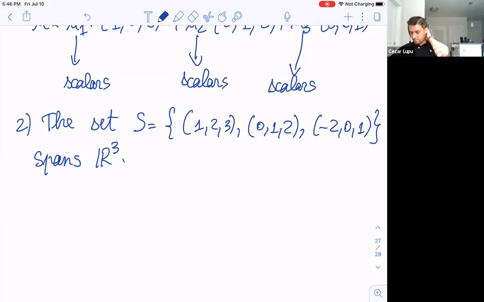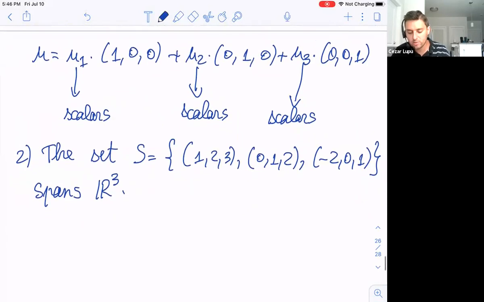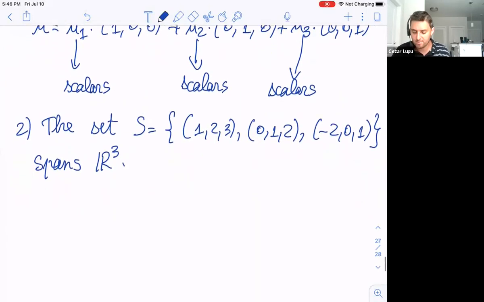That this is a non-trivial set. As you can see, the vectors there are not quite the vectors that we have seen previously. It's not like 1, 0, 0, 0, 1, 0, 0, 0, 1. These are just, if you look at them, arbitrary. So we want to show that this set actually spans R3. So in other words, this means that any vector in R3 is a linear combination of the vectors in this set.